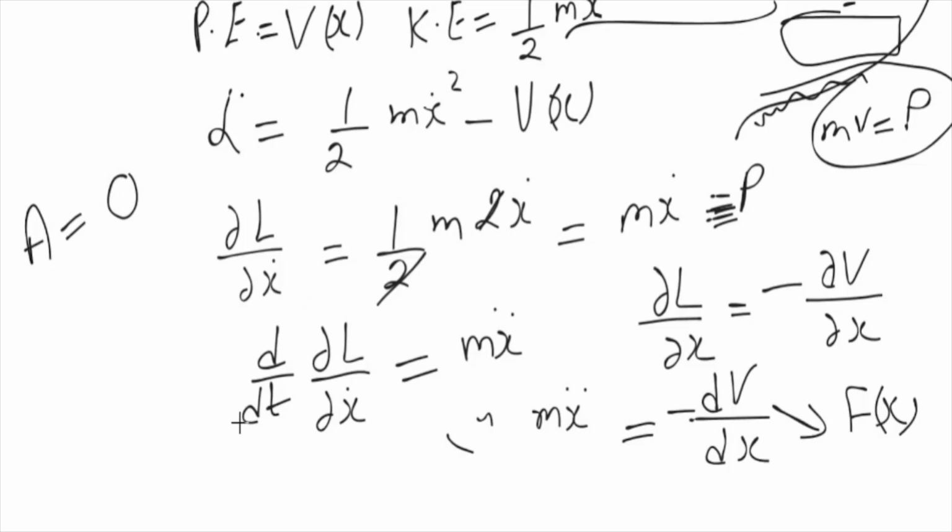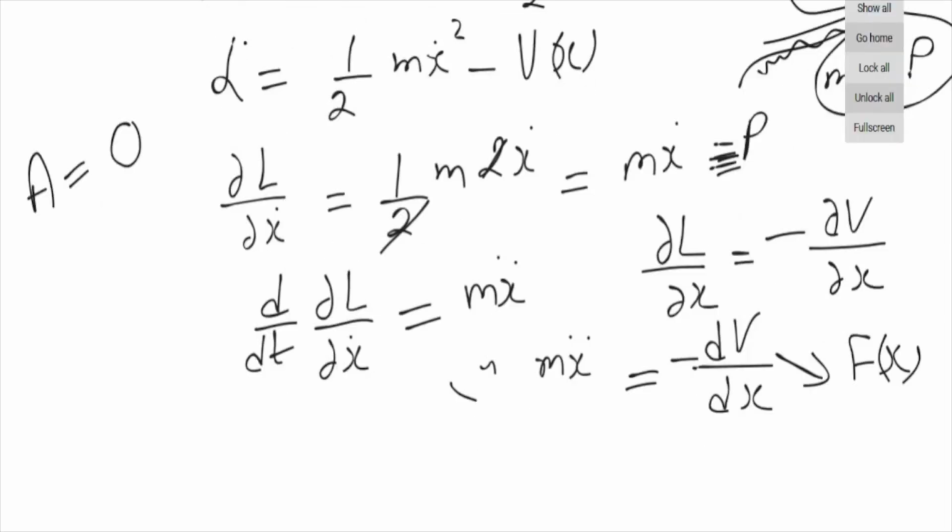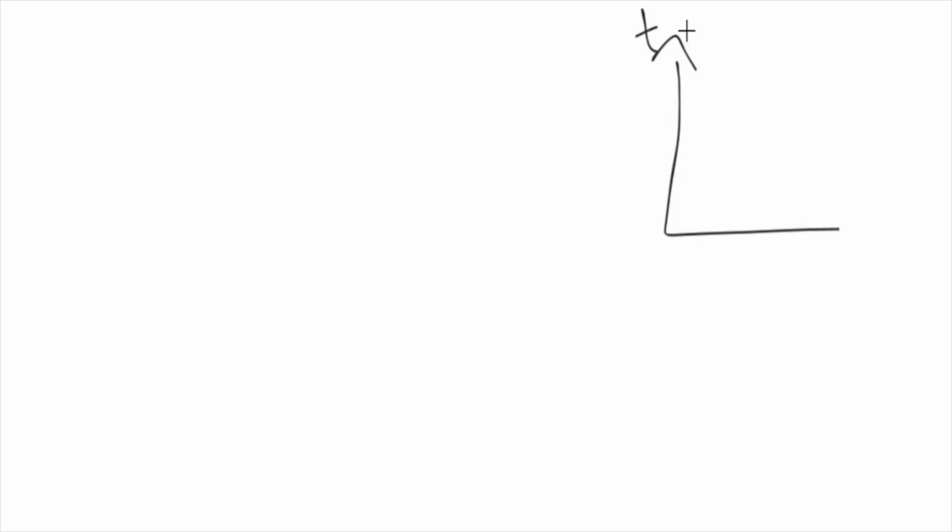How about many particles? If many particles are there, how can you do it? So, many particles in many coordinates. Just suppose this is your t and this is your x and this is your curve.